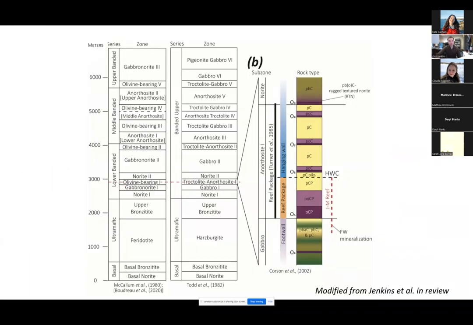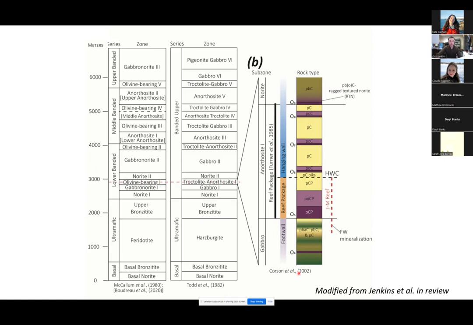So these two columns are showing the stratigraphy of the Stillwater complex, and we're going to be focused down in the lower banded series down here. And in detail, the olivine-bearing zone is also called the troctolite anorthosite zone, and it can be broken down into three subzones.